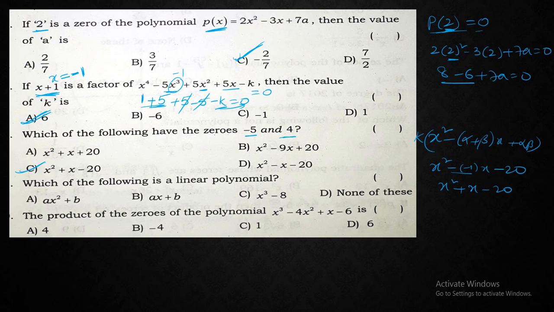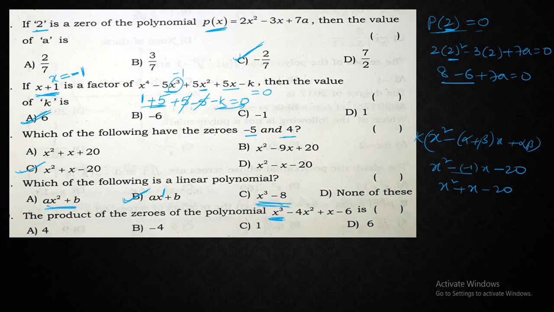Next, which of the following is a linear polynomial? So what is meant by a linear polynomial? If the degree is 1, then it is a linear polynomial. So this is a quadratic polynomial and this is a cubic polynomial, right? Next, product of the zeros of the given polynomial. So what is meant by product of zeros? Product of zeros is nothing but constant by highest power quotient. But here it is a cubic polynomial, no?